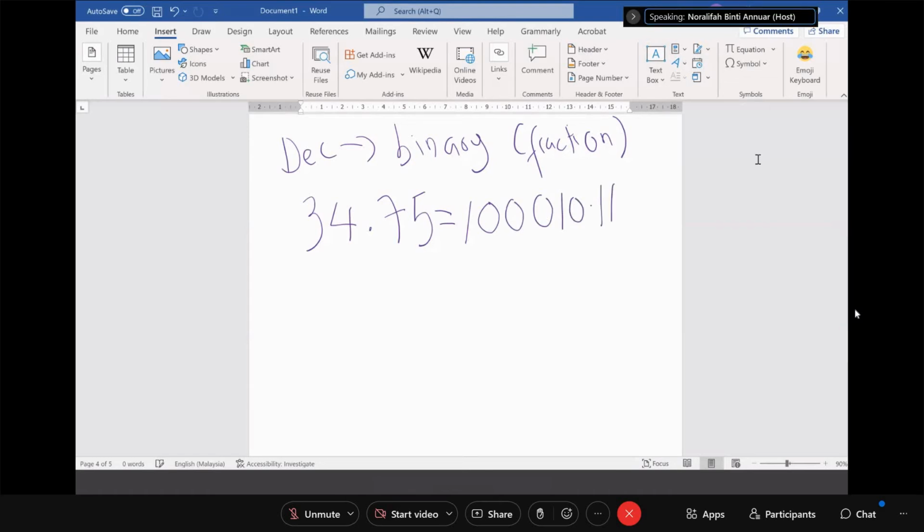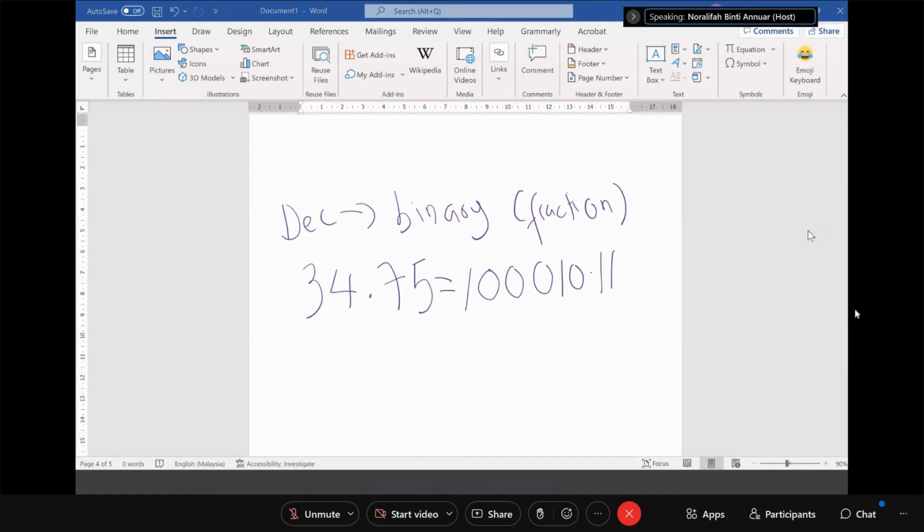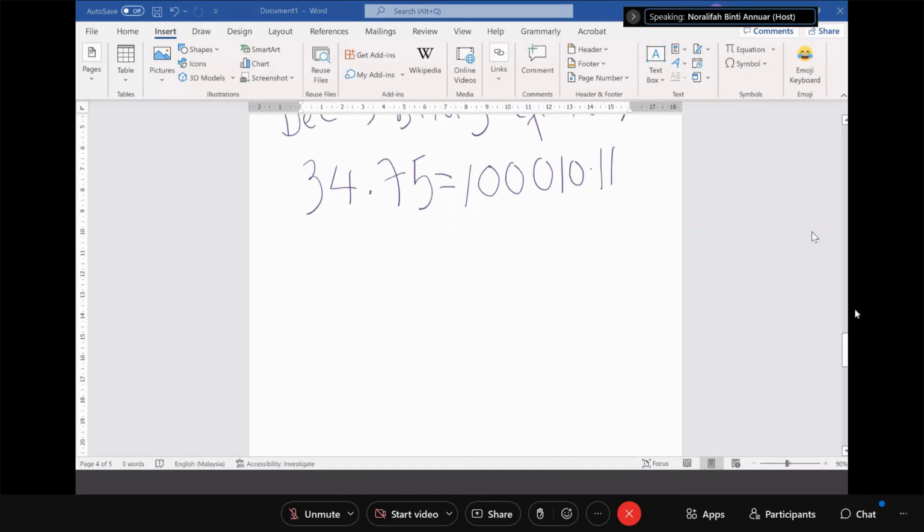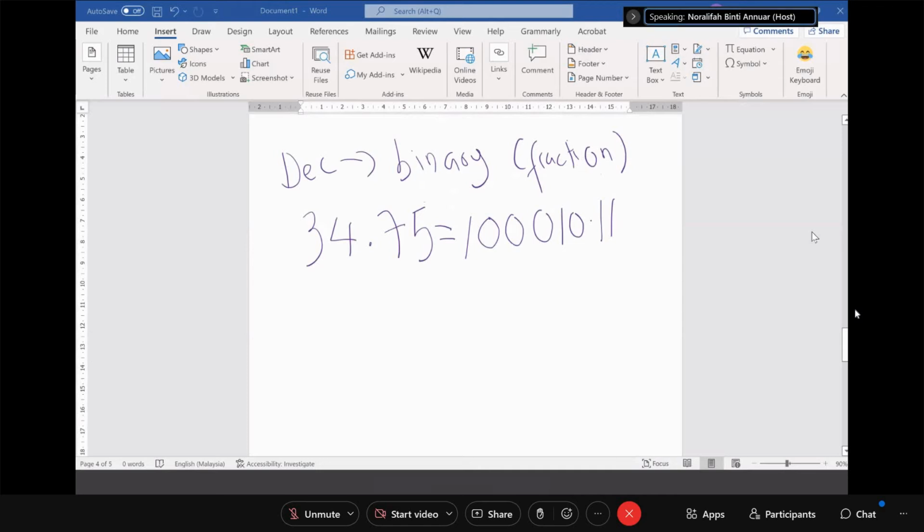Okay, macam mana Patrick dapat jawapan ni? Mari kita tengok how we get this answer. Paling senang you bahagi 2 macam tadi lah. Cuma method saya is up to you how you want to do it as long as you get the correct answer. This is so that you know what is the starting position.